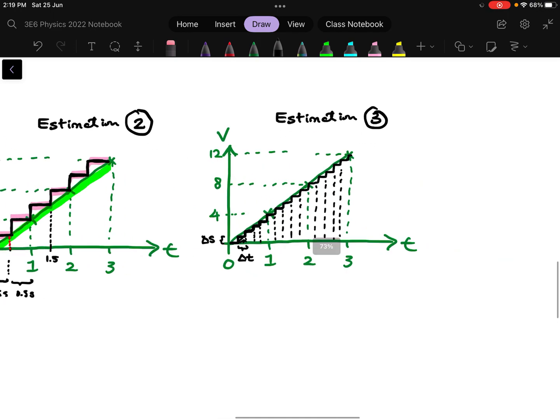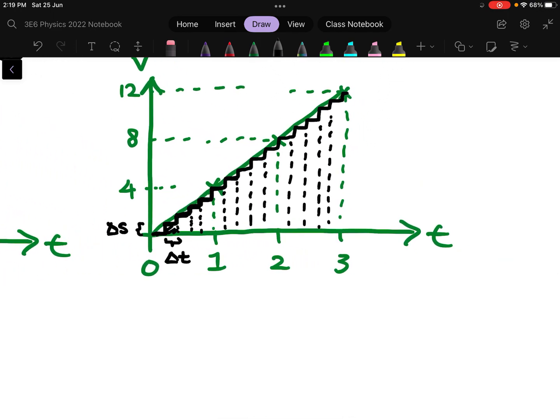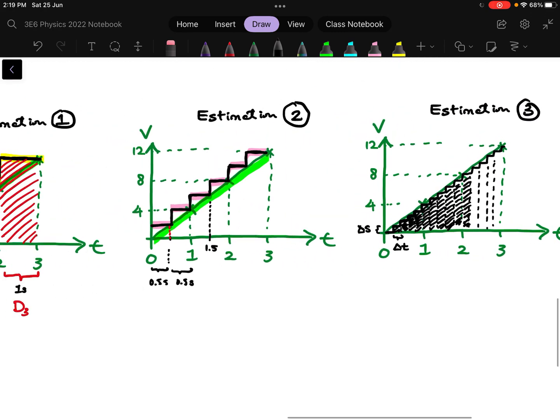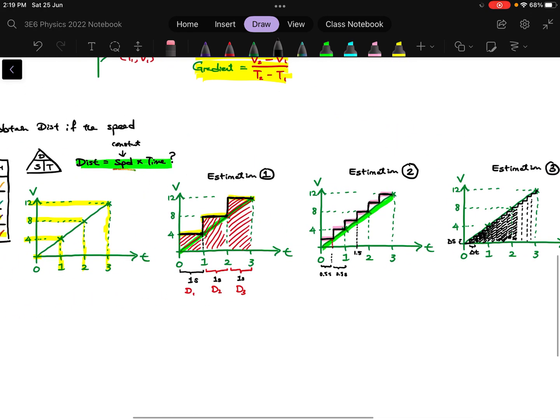But if you look at this, if I find every column by the small change in time multiplied by the speed, what do you notice? This black color thing that I am filling up as strips of rectangles, if I do this, isn't it the same as I just find the area under this graph?